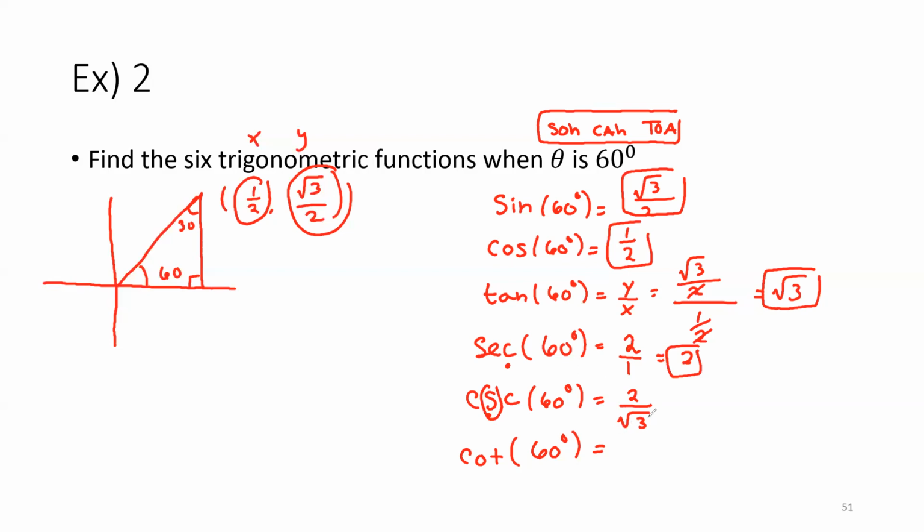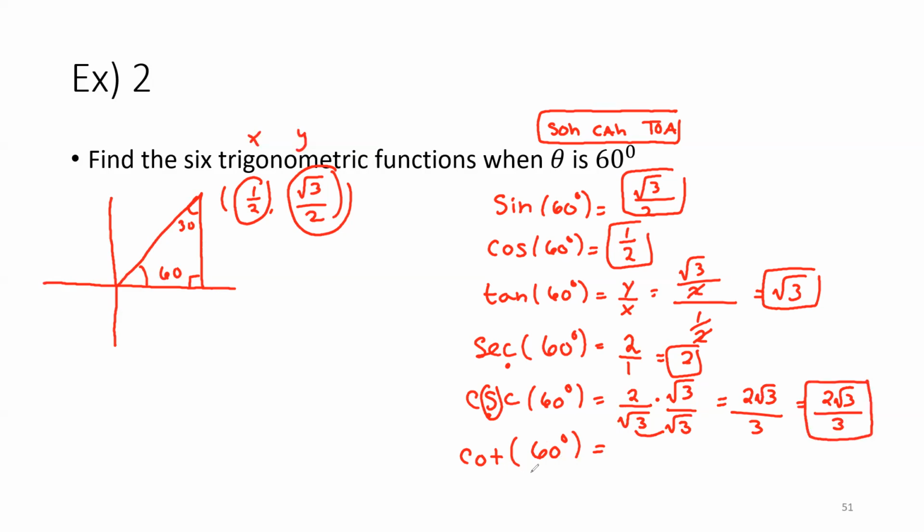They don't want a radical on the bottom, so you have to rationalize the denominator by multiplying top and bottom by radical 3, right? So this is going to be 2 radical 3, and on the bottom, radical 3 times radical 3 is just 3. So that's 2 radical 3 over 3.